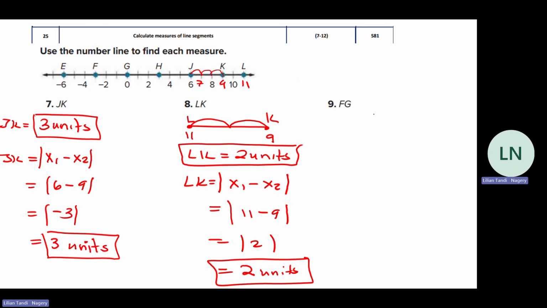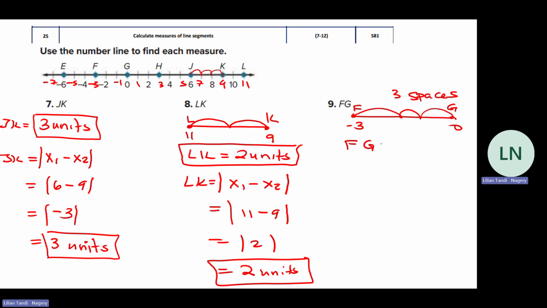F to G, F to G. F is negative 3. Negative 5, negative 7, negative 1, 1, 3, 5. Okay. F to G, F is negative 3, G is 0. This is 3 spaces. 1, 2, 3. From negative 3 to 0 is 3 spaces.